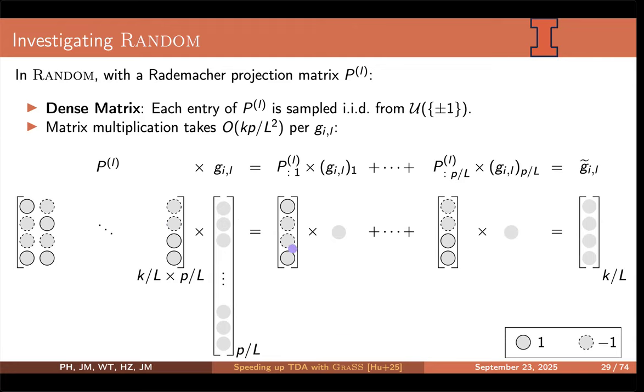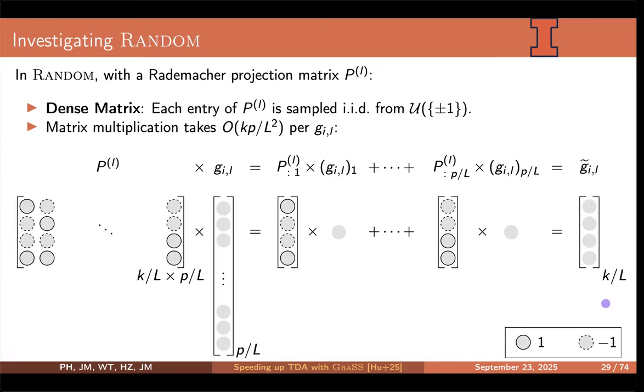To read this, this is the first column, and you scale or weight this first column by the first dimension of your gradients. You do this for every column and every input. The second term will correspond to the second column, and at the end, you add them all up together to get your final compression.